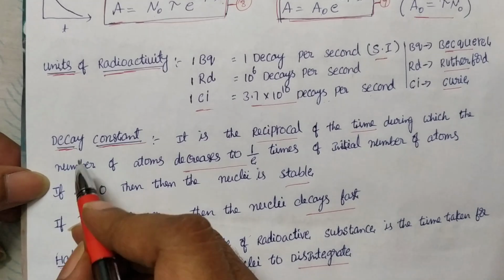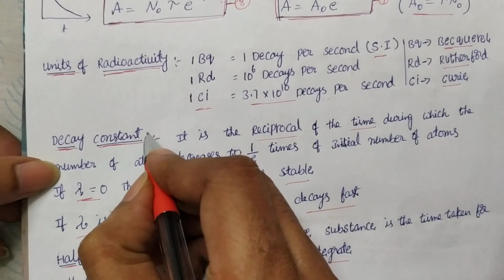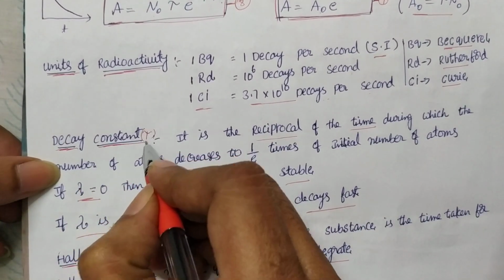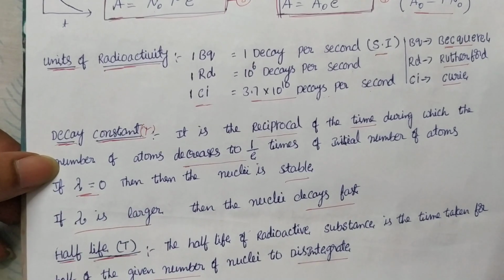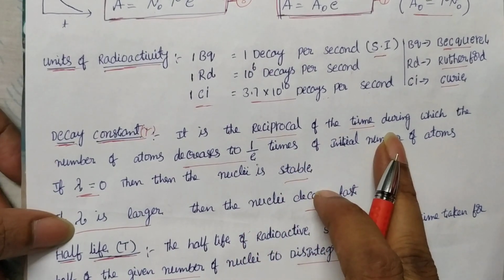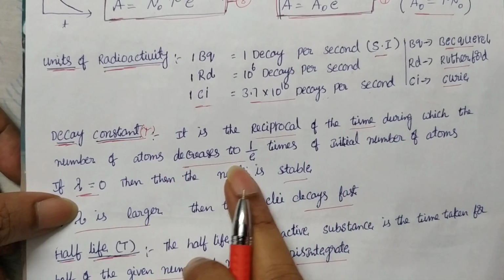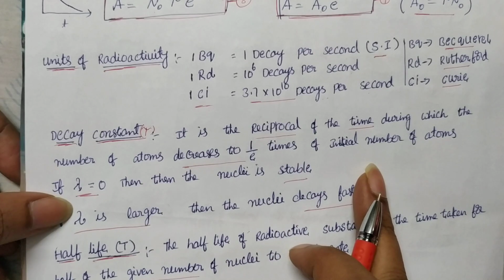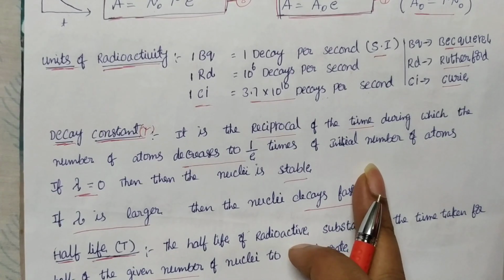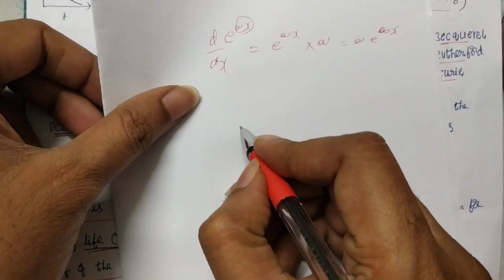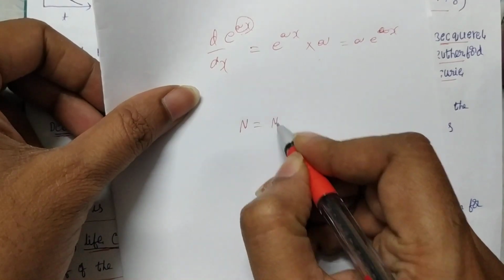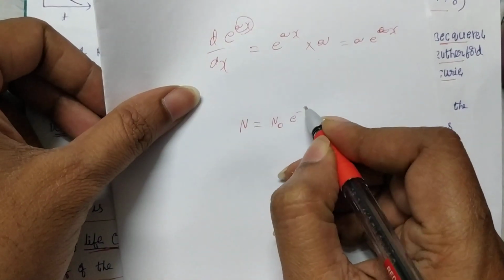Now about the decay constant, that is, about lambda. We can define lambda also. It is the reciprocal of the time taken for the number of nuclei to decrease to 1 by e times of the initial value. For example, the number of nuclei after t seconds is N naught e power minus lambda t.